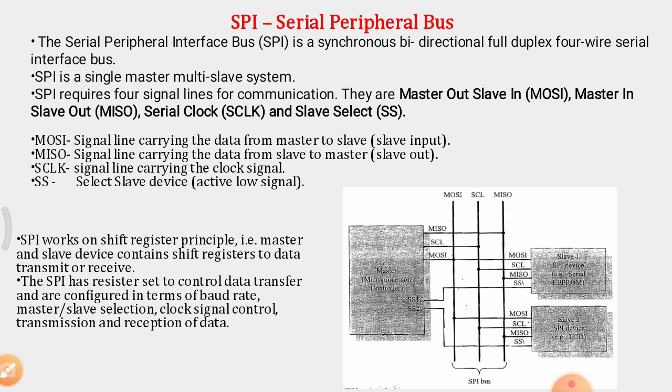This is also a signal line carrying the data from slave to master, or we can call it slave out. So SCLK is used for synchronization purposes, which is used to generate a clock signal, and SS is the slave select signal for the slave device, which is always an active low signal.